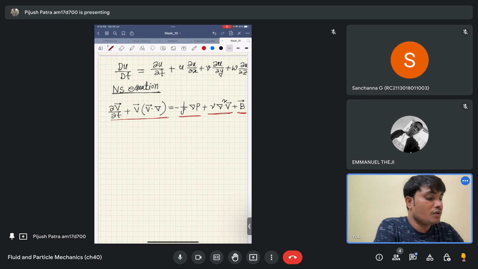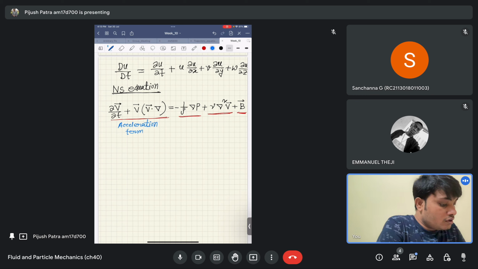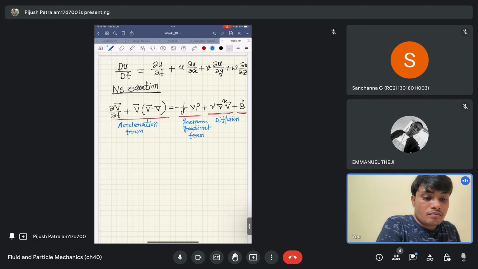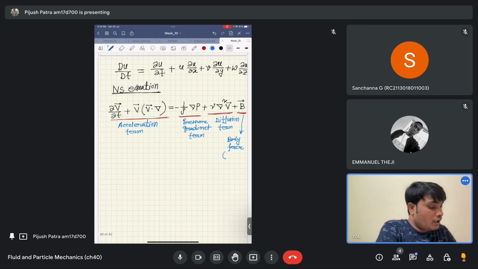And this is the body force term, per unit mass, definitely.